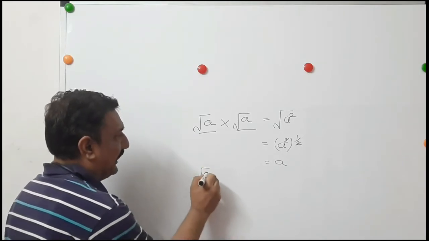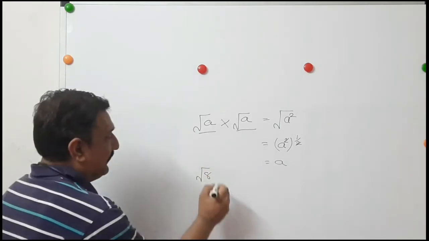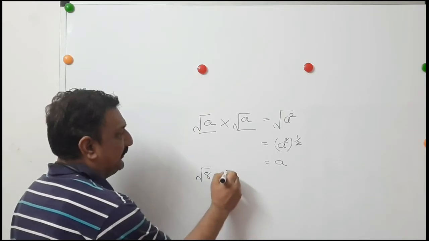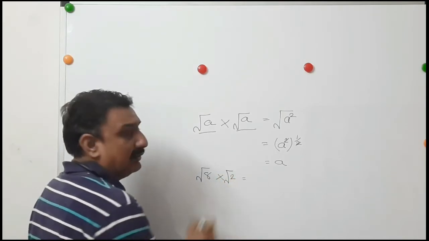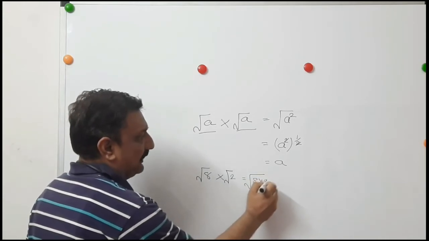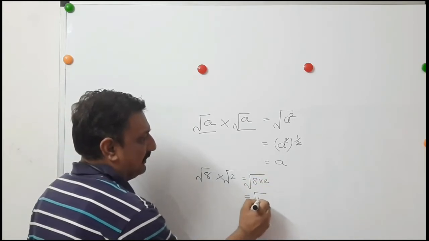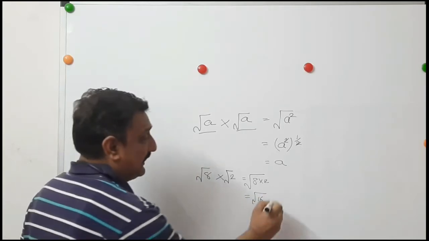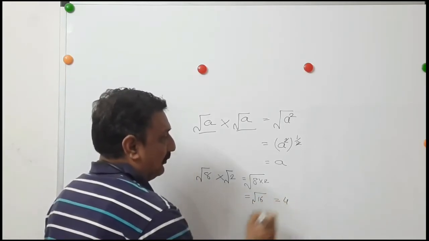For example, if root 8 is given, if I multiply root 8 with root 2, then I get root 8 into 2, that is root 16. And as you know, root 16 is 4.